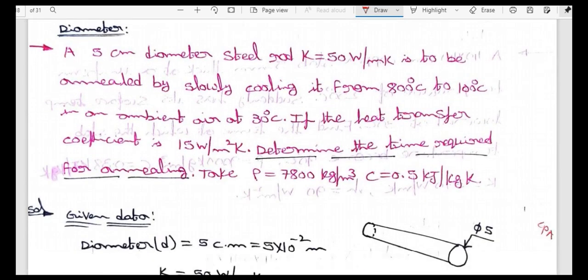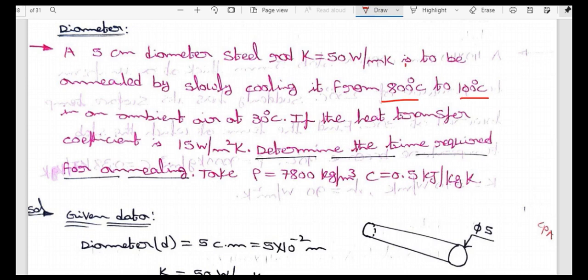Next, second problem. So here is a diameter problem. A 5 centimeters diameter steel rod, k equal to 50 watt per meter Kelvin, is to be cooled slowly from 800 to 100.